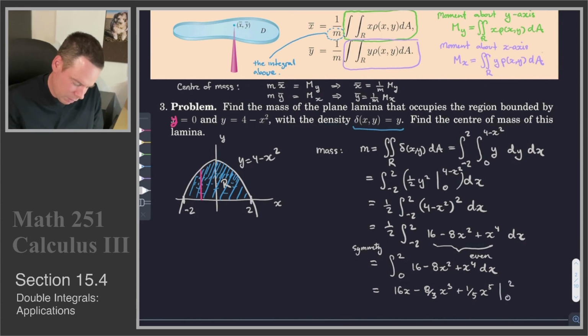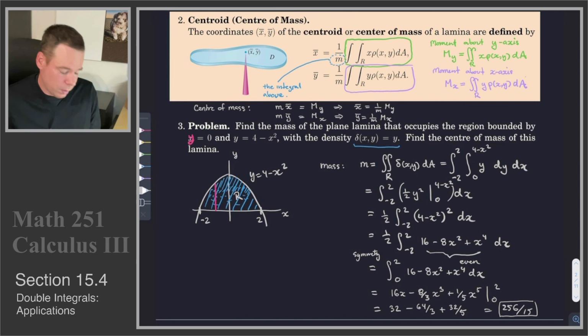So this is where the benefit comes in because I don't have to worry about plugging 0 in. But when I plug 2 in, I get 32 minus 8 times 8, or 64/3, plus 2 to the 5, that's 32/5. And that works out to have a value of 256/15. And so now we've got the mass.